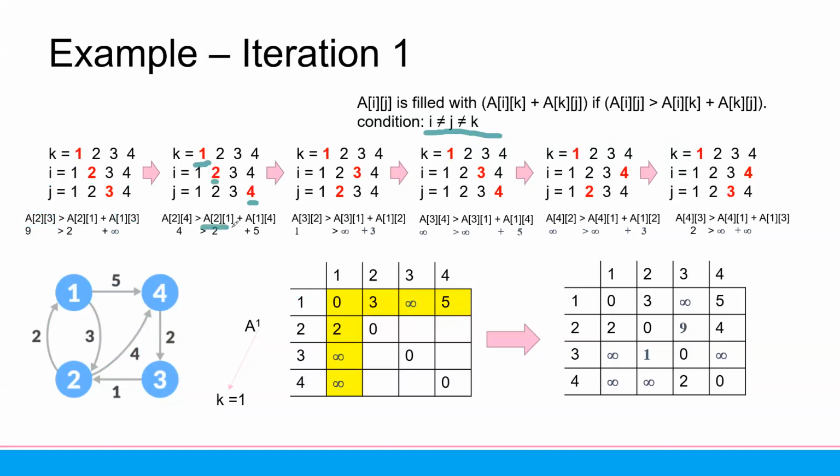So we have this one, a21 plus a14. A21, it is 2, and then a14, it is 5. But we will check a24, there is a directed edge, 4.